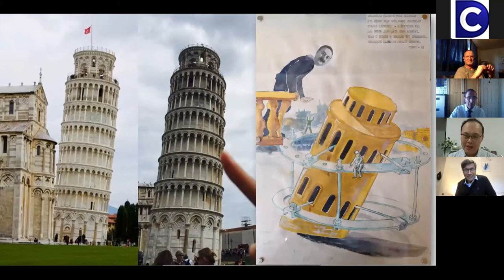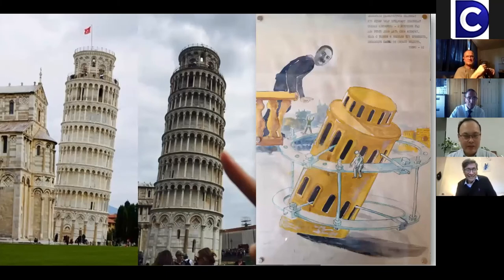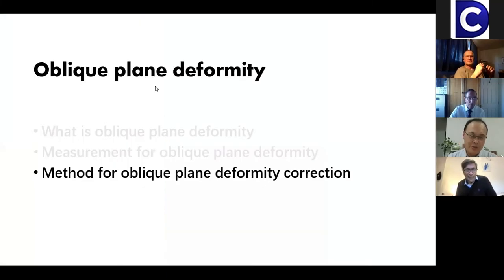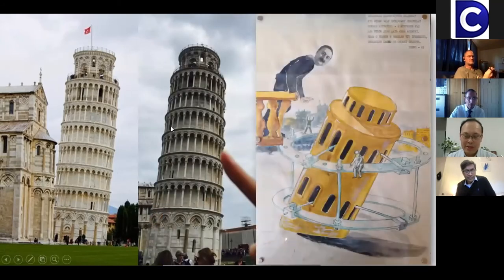Can we use the Ilizarov? Yes, we can. We can talk about the oblique plane deformities, like the oblique deformity, with the Ilizarov method or other methods.